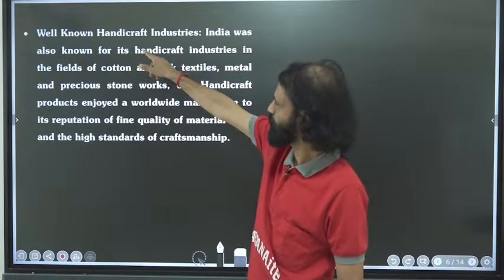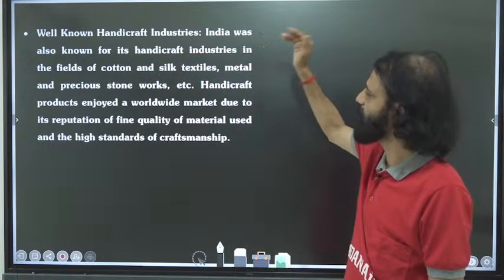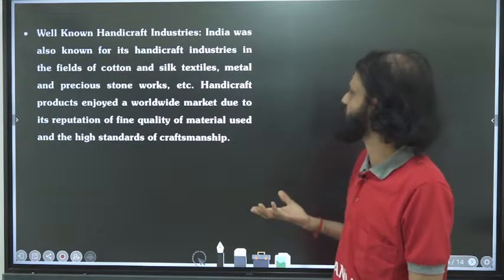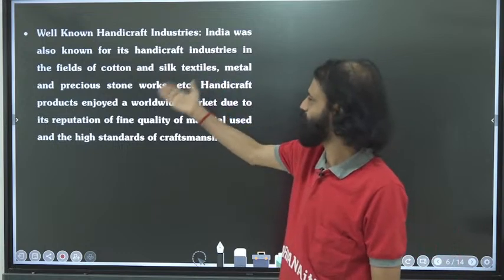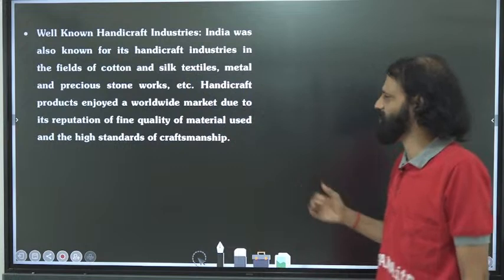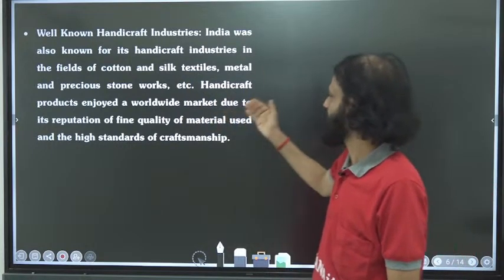India was a well-known place for handicraft industries, making highly standard products.